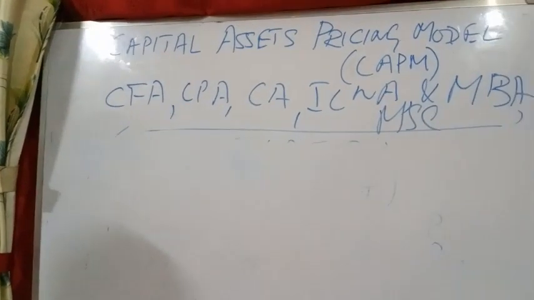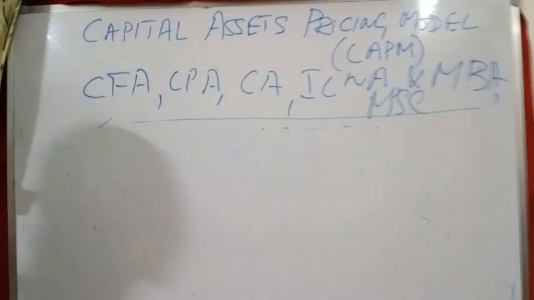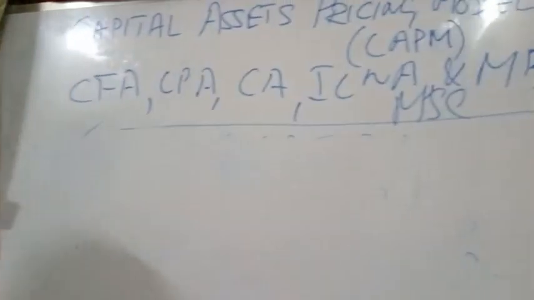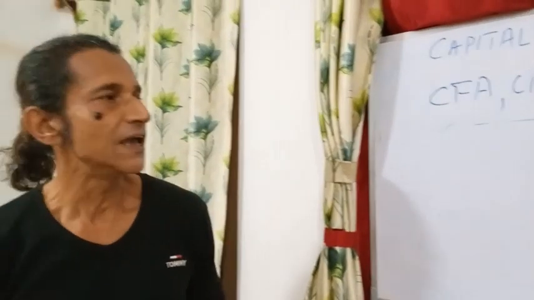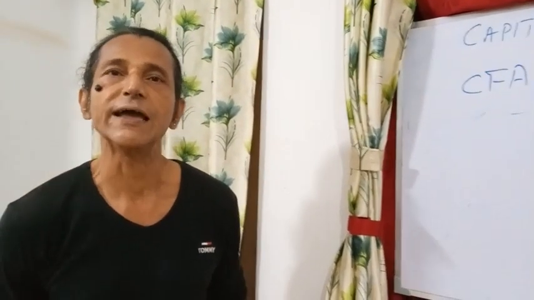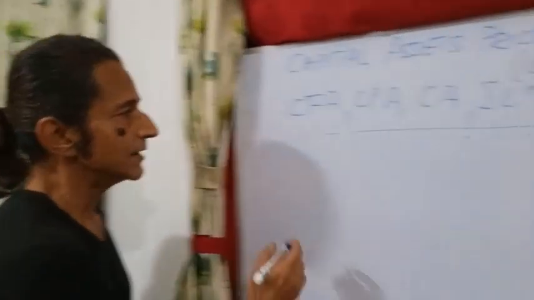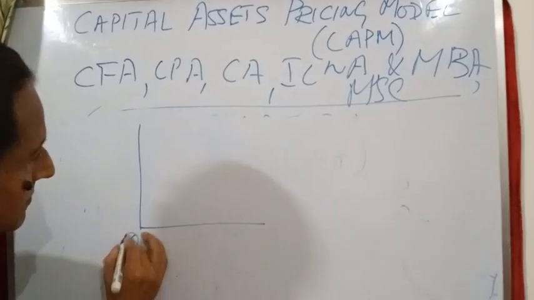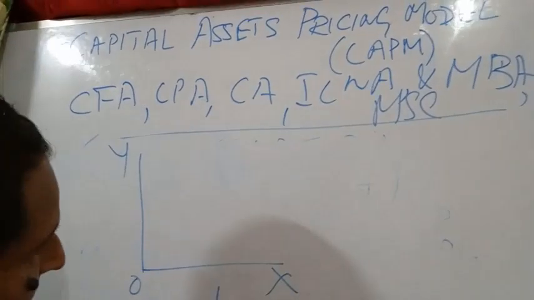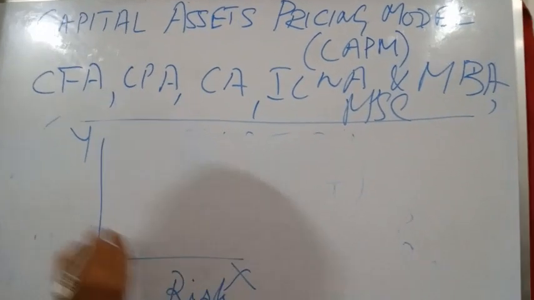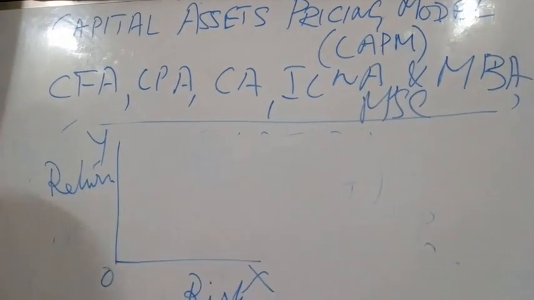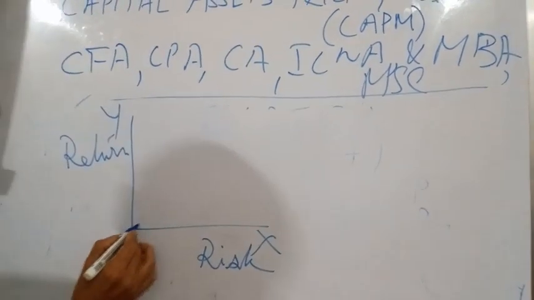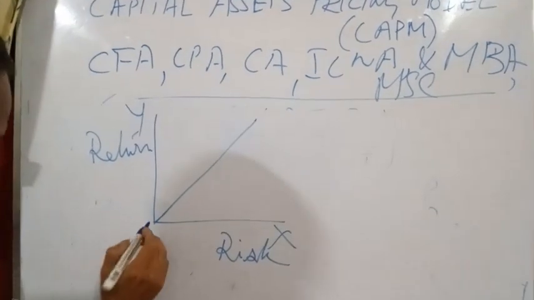As goes the old saying, no risk, no return, which has a very big significance in investment. It is true: if an investor does not want to take any risk, he won't get any return. So if we measure risk on the x-axis and return on the y-axis, we will get a straight line starting from the origin.